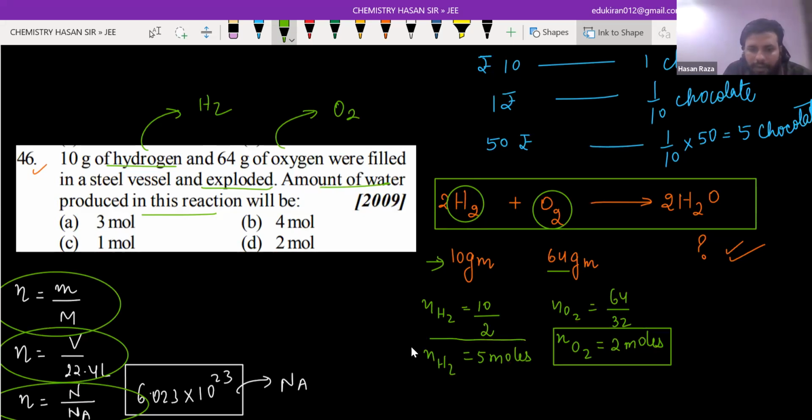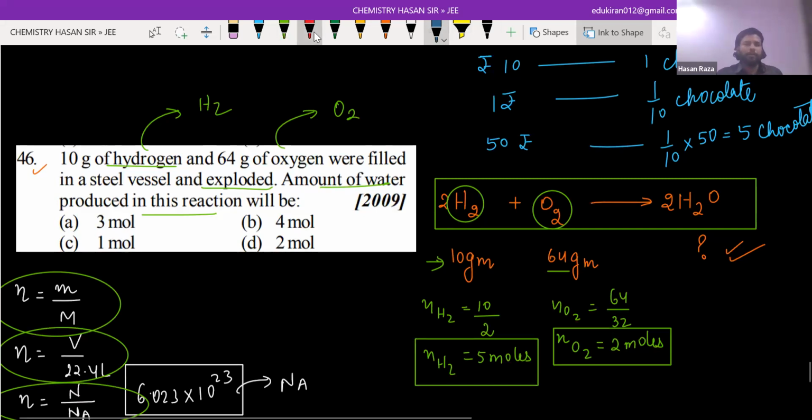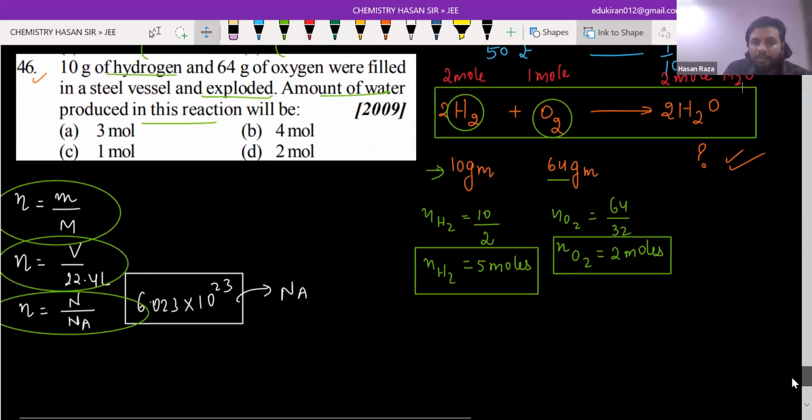Yes, sir. Now, after finding the number of moles, you are going to look at the balanced chemical equation and you will find that 2 moles of H2 react with 1 mole of O2. If this type of question is given, you are going to recognize the limiting reagent. And what was the trick for limiting reagent? It was very simple.